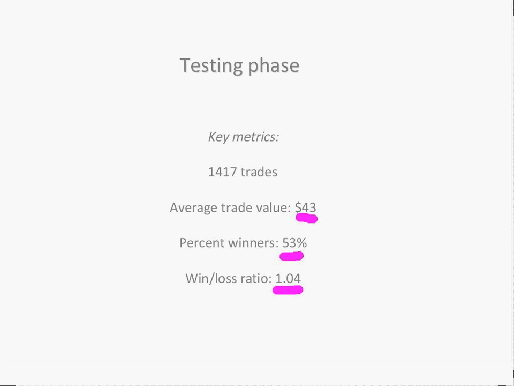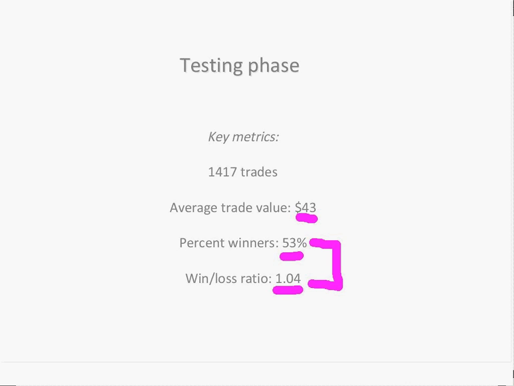But at the same time, it's very important to compare these two figures: a win-loss ratio of over 1, meaning the average winner is greater than the average loser, and at the same time over 50% winners. So, in fact, this is good. It says that the strategy does have some potential and should be refined.